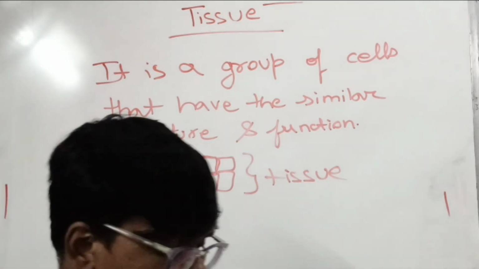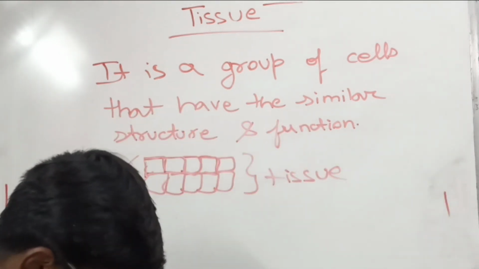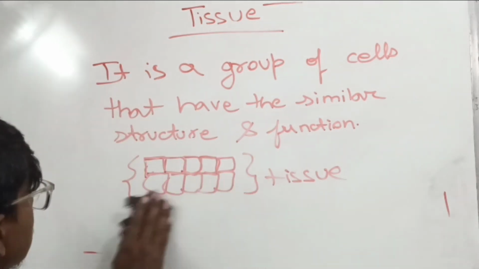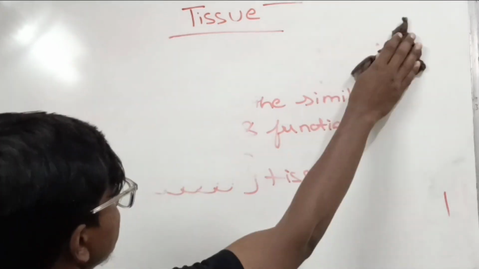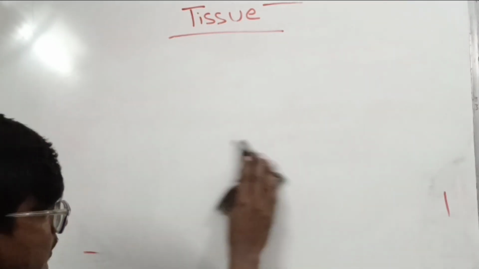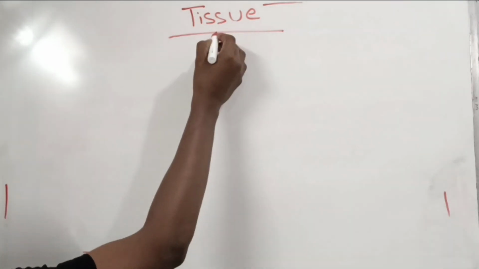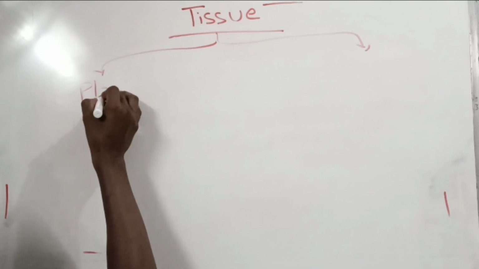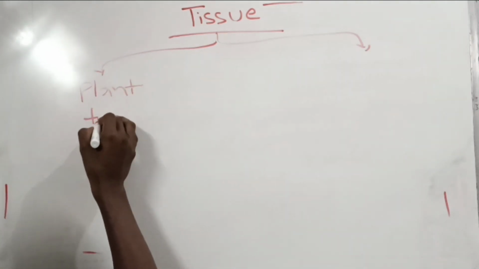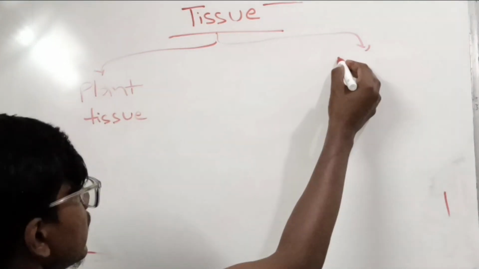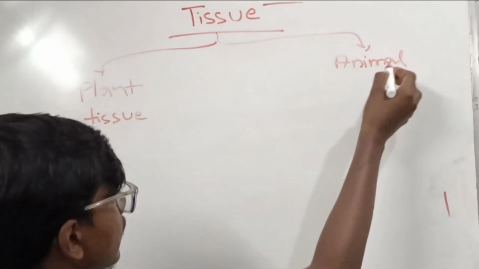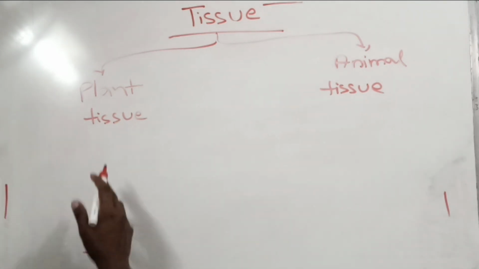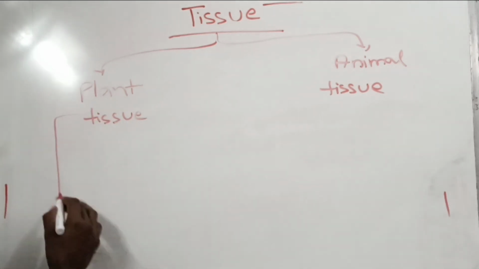Now next is the types of tissue. There are mainly two types of tissue, that is plant and animal. This tissue is divided into two parts, plant tissue and animal tissue. Plants will have different types.